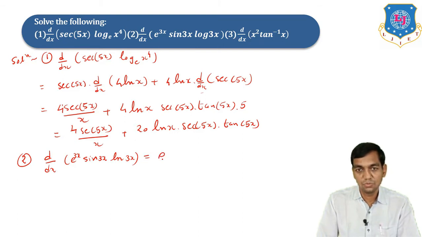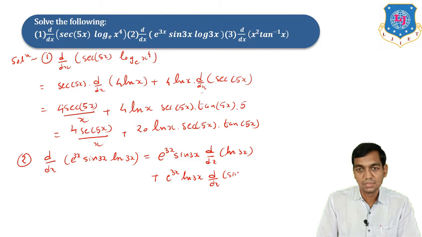So first e raised to 3x, sine 3x as it is and d by dx of log 3x, plus e raised to 3x, log 3x as it is and d by dx of sine 3x.